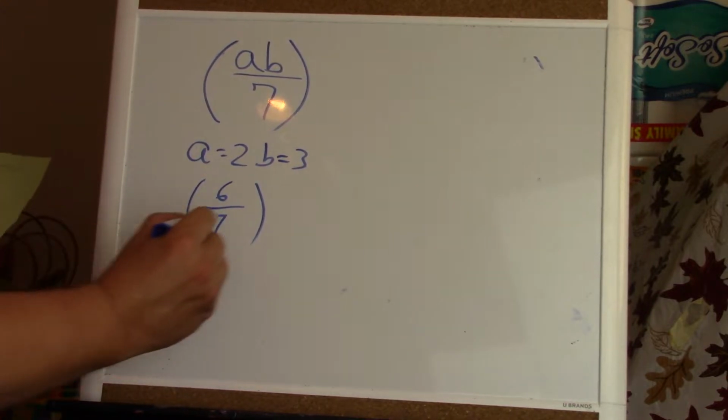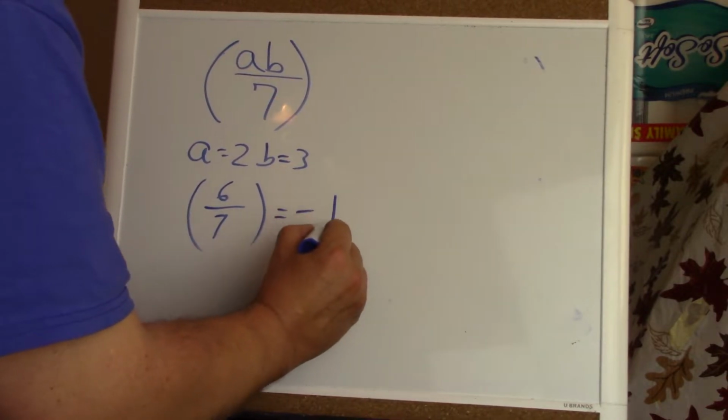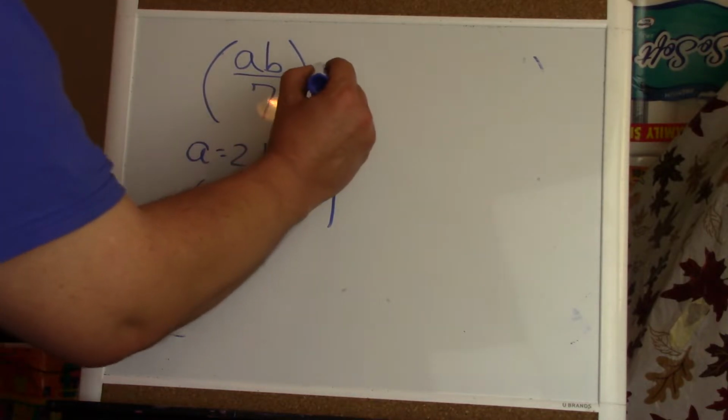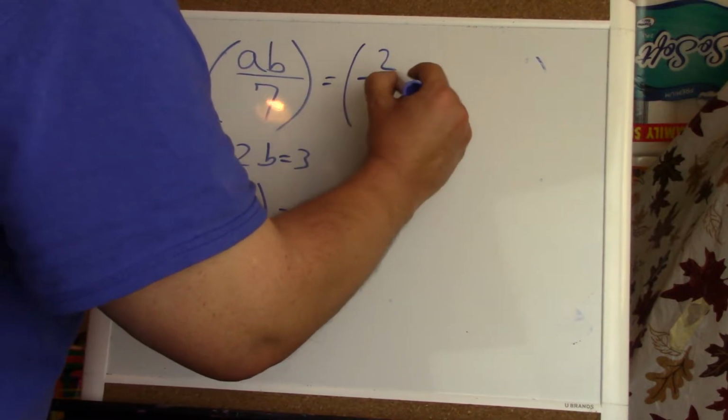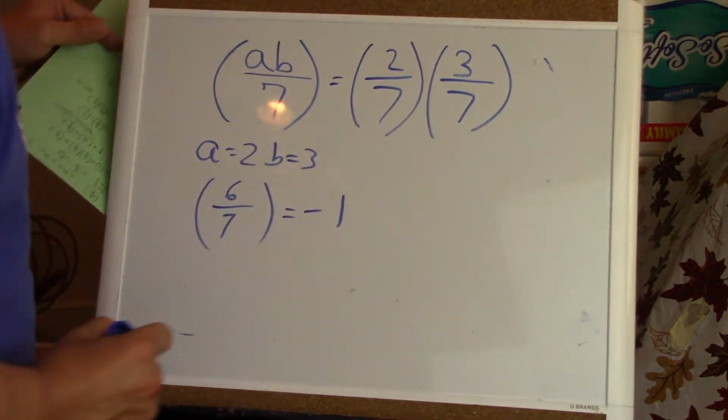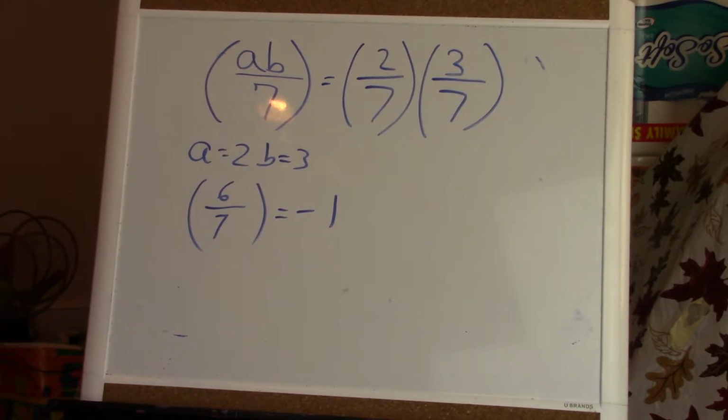This one is (6/7). We already showed that it is a quadratic non-residue modulo 7, so it is minus 1. So what does this equal? This equals (2/7) times (3/7), the Legendre symbol of 2 mod 7 and the Legendre symbol of 3 mod 7.